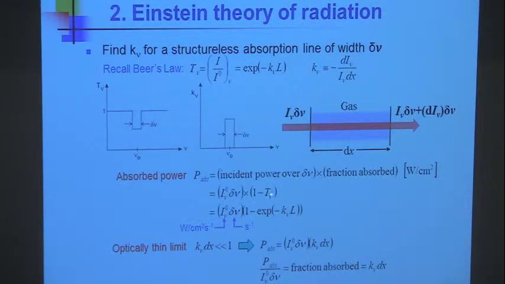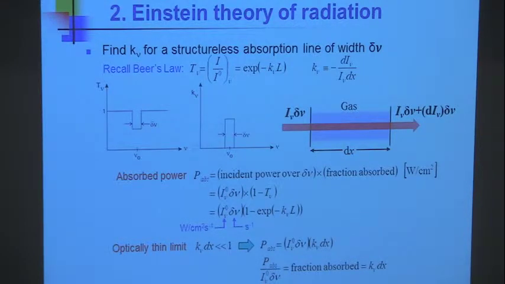The transmission is e to the minus k nu. I have optically thin and optically thick cases. I can do this exactly, but let's look at the optically thin limit. That means k nu dx is small. So the absorbed light is the incident light times k nu dx, and the fraction absorbed is k nu dx.